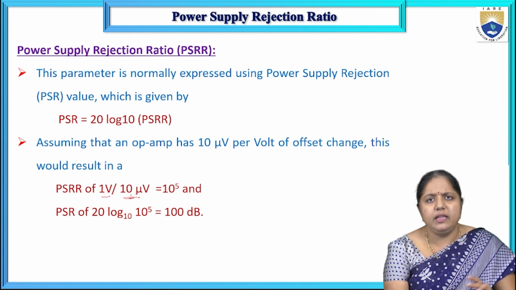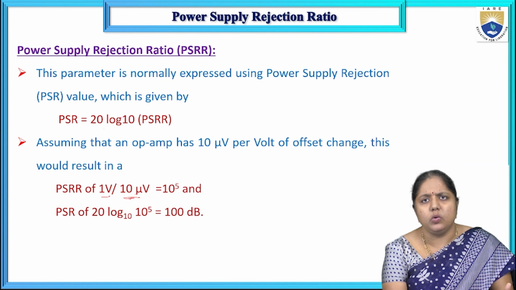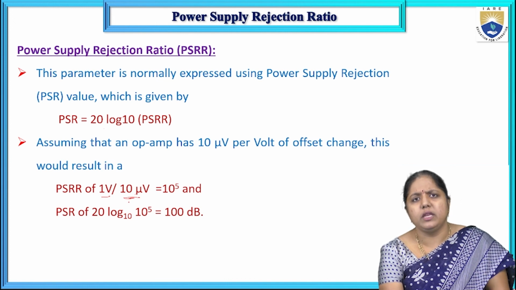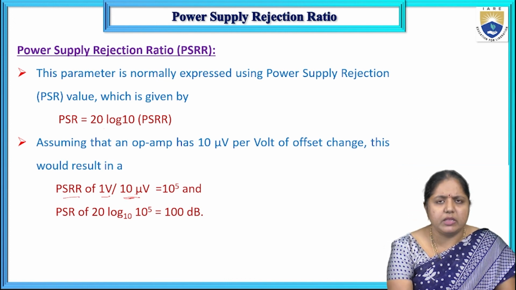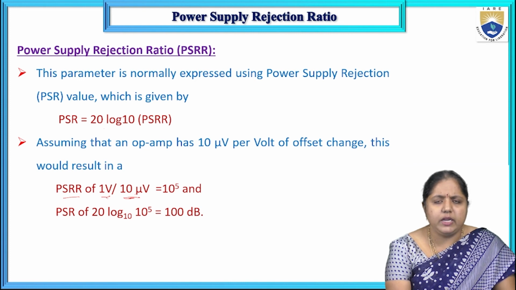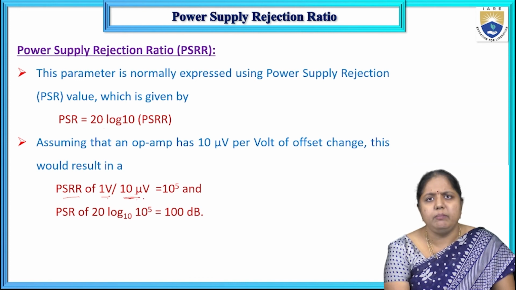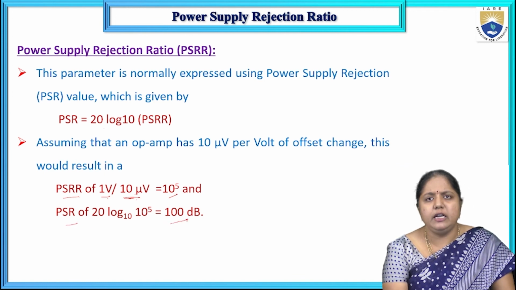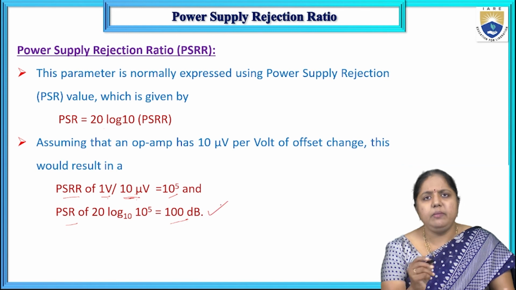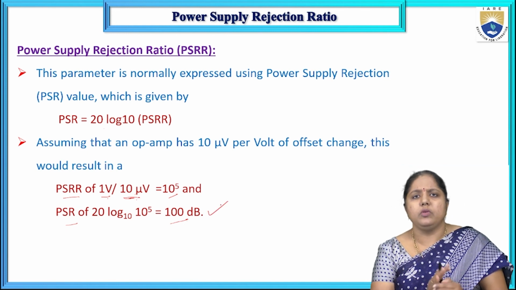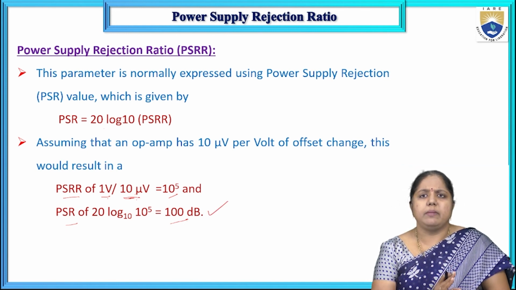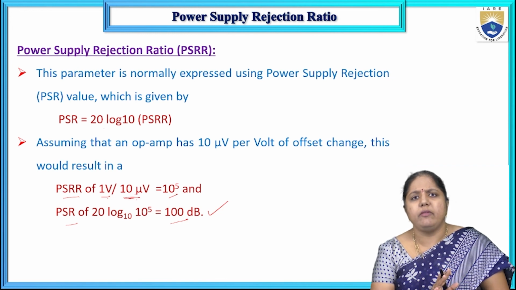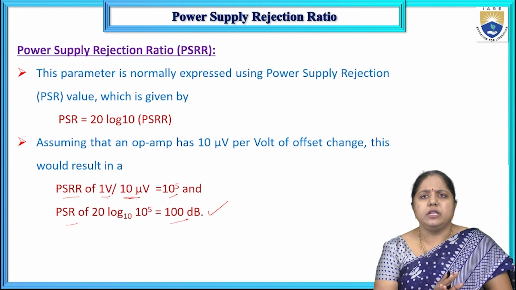Though 10 microvolt is very small, 1 volt by 10 microvolt is 10 power 5, so the power supply rejection ratio is 100 dB. Even a small change in the supply voltage can produce a significant change at the output of the operational amplifier.